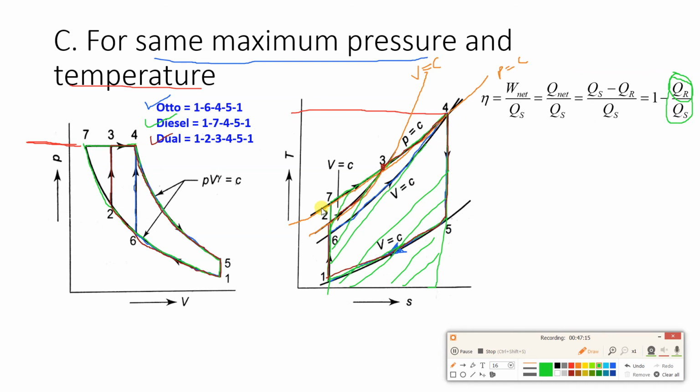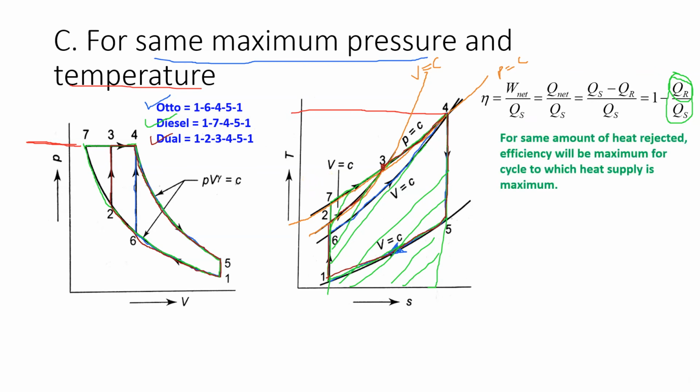From the TS diagram we can see that the 7 to 4 process, constant pressure heat addition in the diesel cycle, gives the highest heat addition value. So for the same amount of heat rejected from 5 to 1, which we can see on the TS diagram, efficiency will be maximum for the cycle with maximum heat supply.